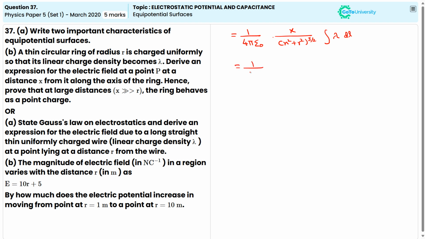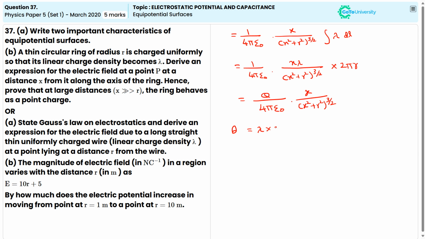So we have 1 by 4 pi epsilon naught into x into lambda divided by x square plus r square the whole power 3 by 2 into 2 pi r. So we have Q divided by 4 pi epsilon naught into x divided by x square plus r square the whole power 3 by 2. We know that Q equal to lambda into 2 pi r, which is the total charge of the ring.